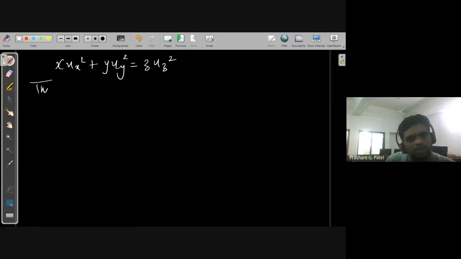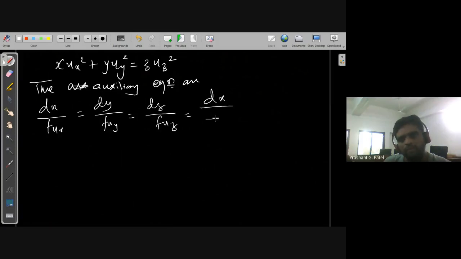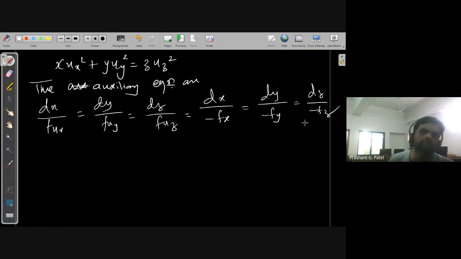So the auxiliary equations for Jacobi's method are dx upon f_ux, dy upon f_uy, dz upon f_uz equal to dux upon minus fx, duy upon minus fy, duz upon minus fz. This is the auxiliary equation for Jacobi's method, and this is my function f.